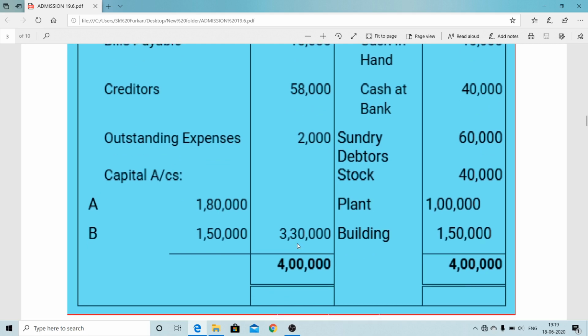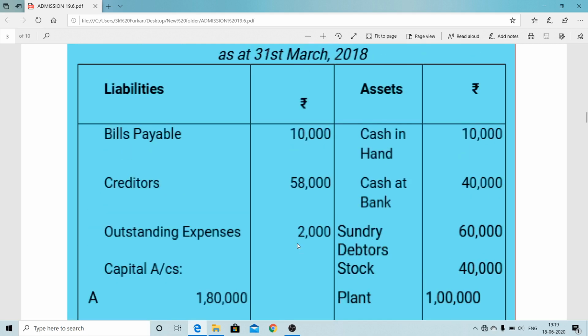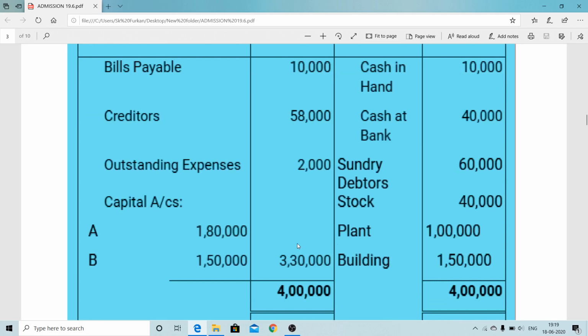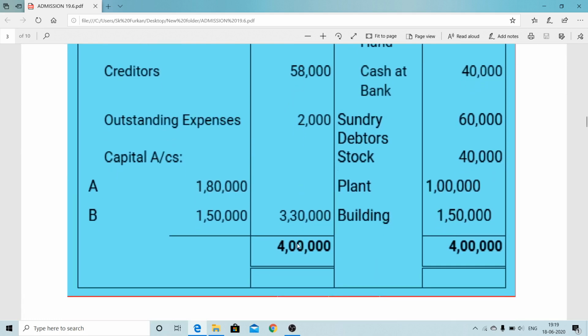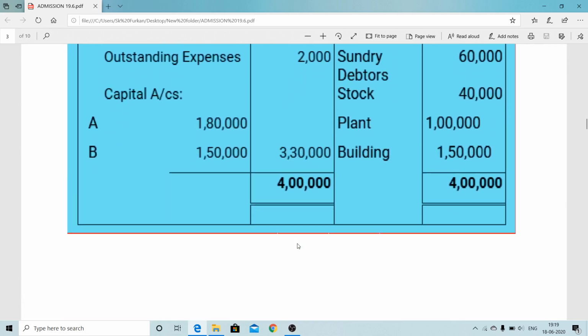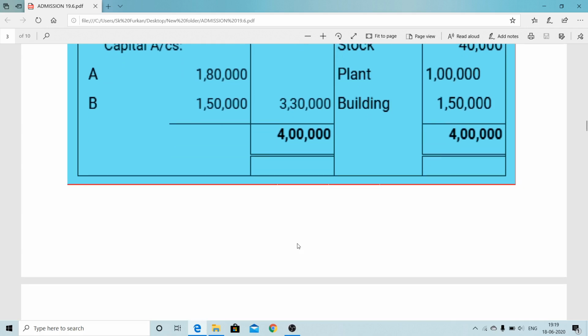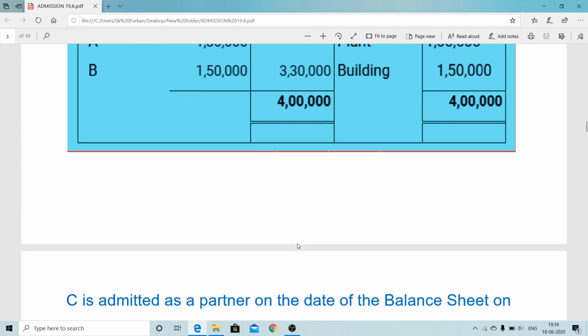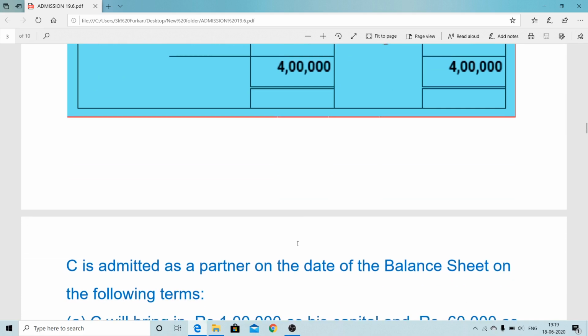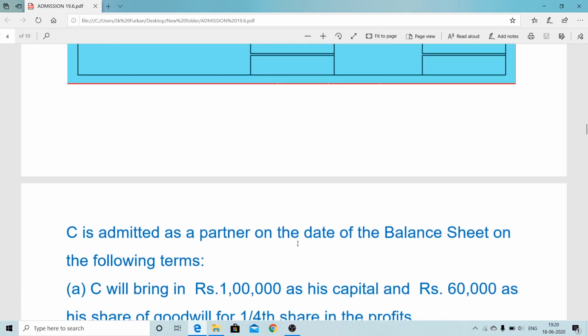Exactly on the liability side, bills payable 10,000, creditors 58,000, outstanding expenses 2,000, and their capital 3,30,000. Total 4 lakh. So this is the old balance sheet provided before admission. That was the financial position of both the partners.